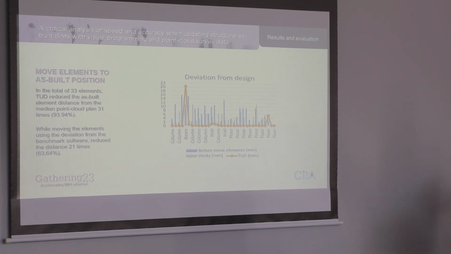And then the orange is after moving elements to the as-built position. And the gray one is using Verity numbers. So you see that was really good, it was 93%, and it moved elements to the correct position. And we saw previously the script actually doing that.